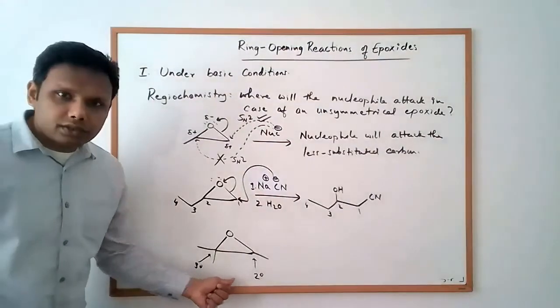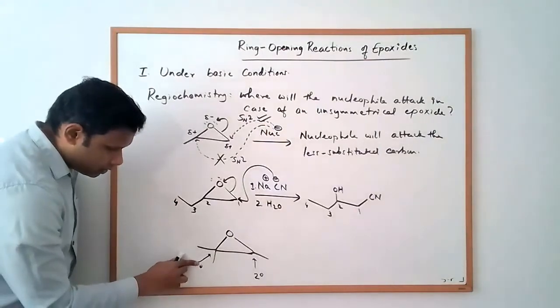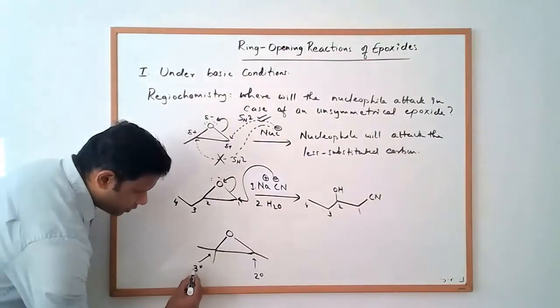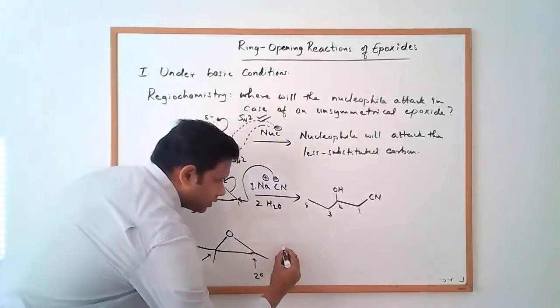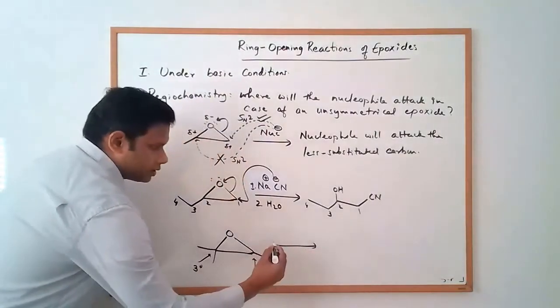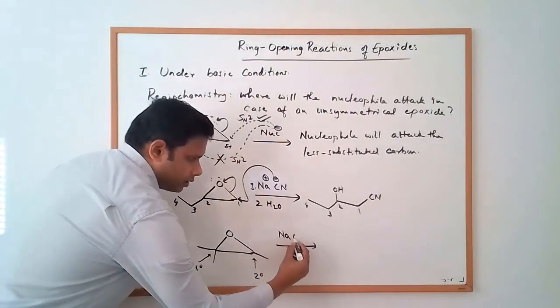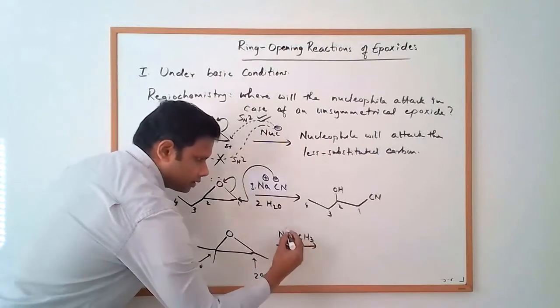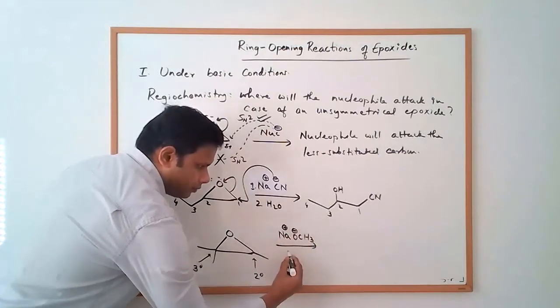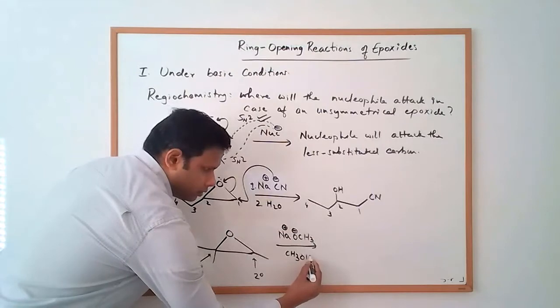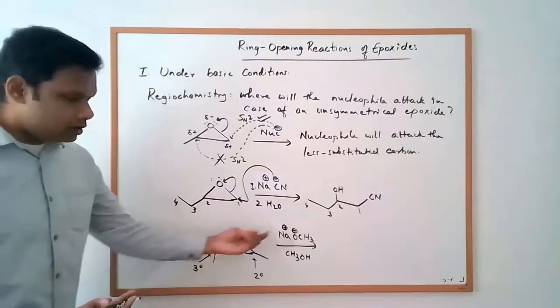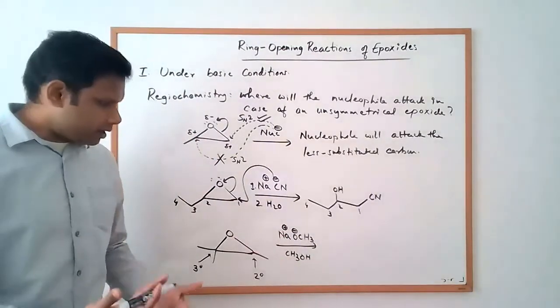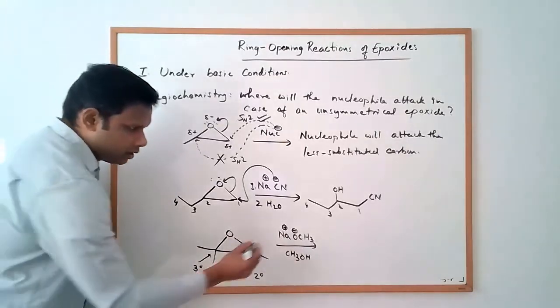If we react this with sodium methoxide, let's say, in methanol, and again, I'm just choosing a random nucleophile here to show the attack.